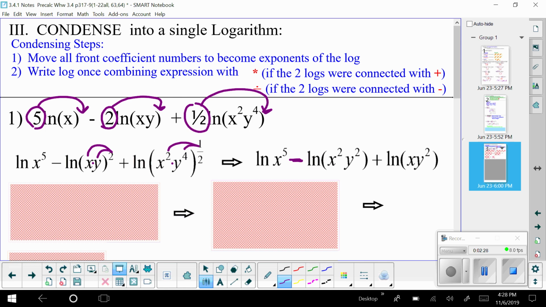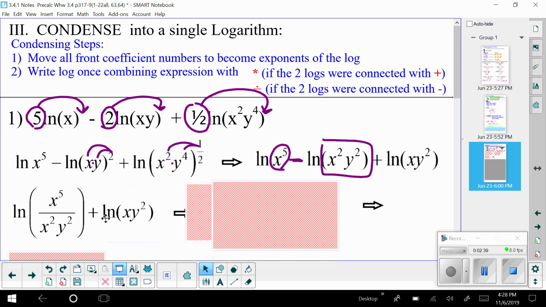So again, this part becomes the numerator, this part becomes the denominator. So it's the natural log of the quantity x to the 5th over x squared y squared. Crucial to put this in parentheses. And then the rest of the problem is plus the natural log of the quantity xy squared.